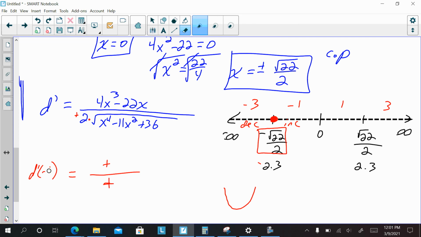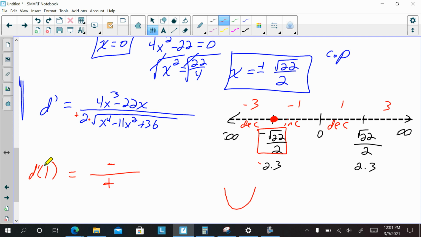Now let's test 1 and 3. If we put a 1 in, then we're going to end up with 4 minus 22. So we're going to end up with a negative on top. So negative over positive is negative. So we're decreasing.